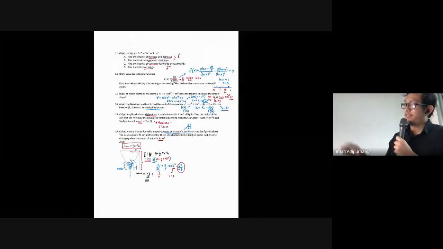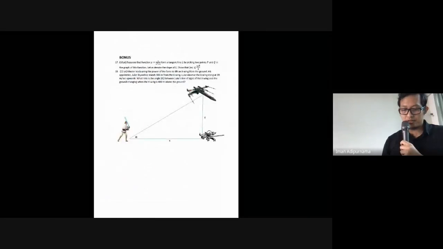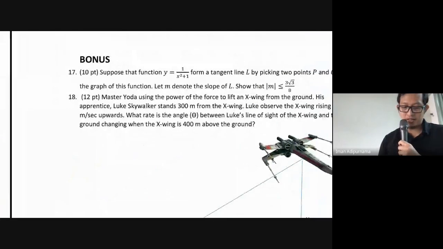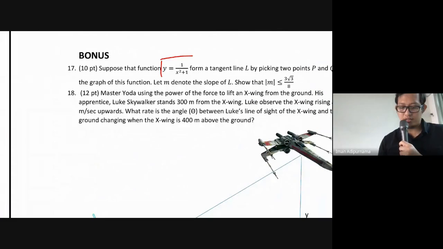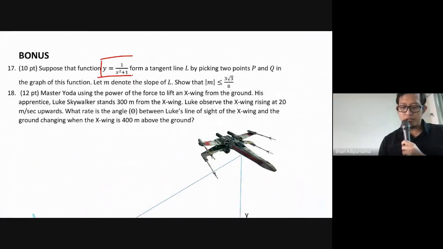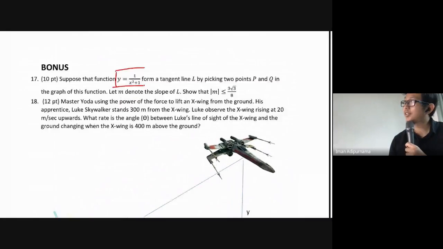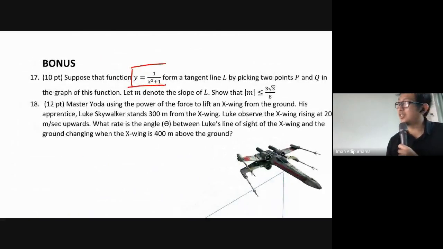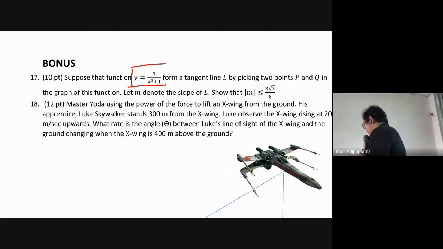There, I give 2 bonus questions here. The first one is you have a function, this function here, 1 over x squared plus 1. But you need to understand the question first. It's a little bit complicated.